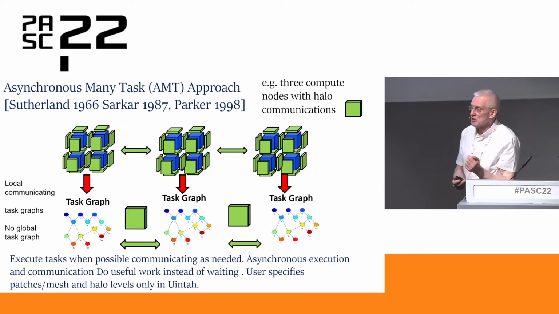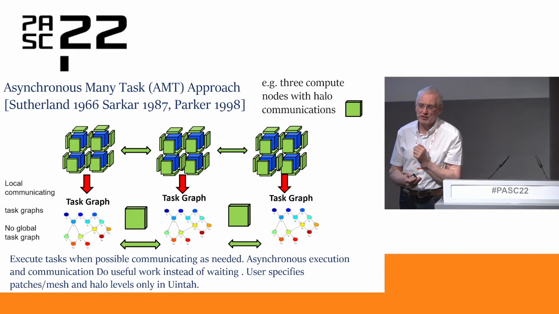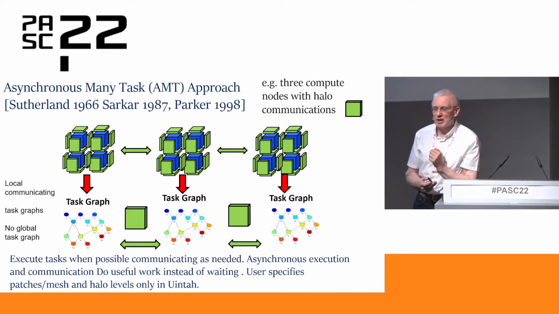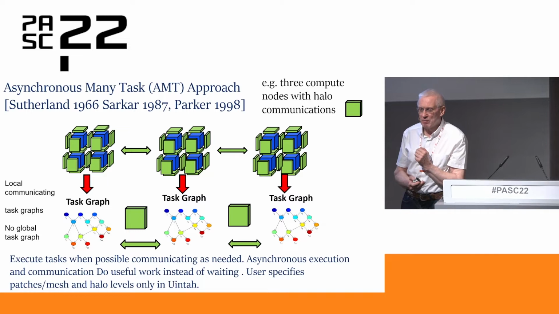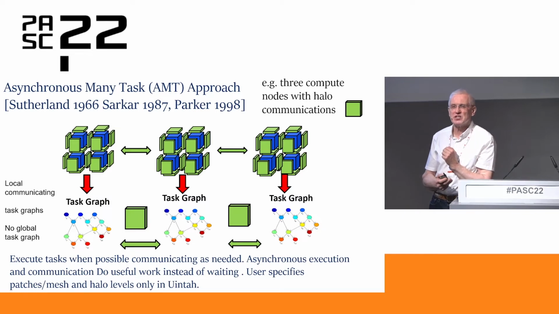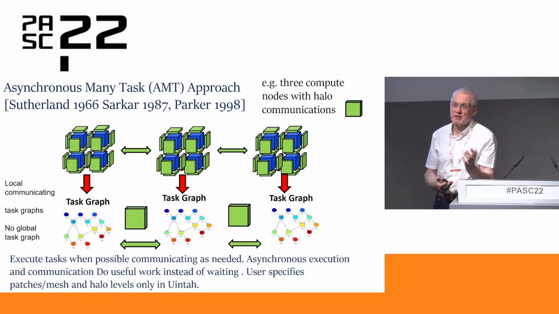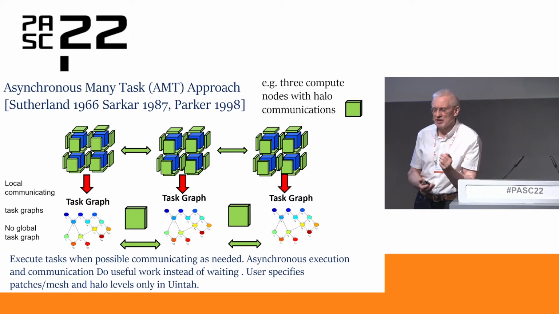The asynchronous approach that we use goes back an awfully long way. It starts off in the 1960s with some work. Probably one of the best pieces of work on this was a PhD thesis by Vivek Sarkar in the late 1980s, in which he laid out all the main ideas, but at a naturally very small scale because large scale wasn't available.